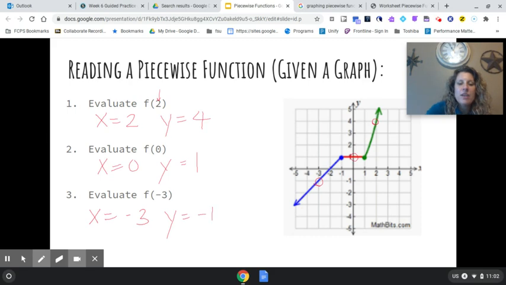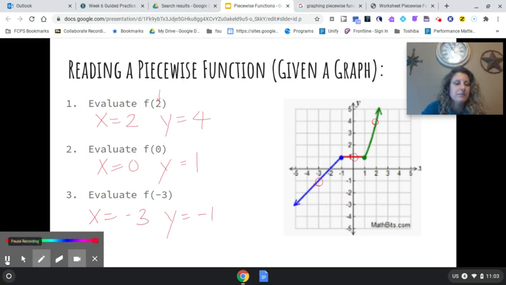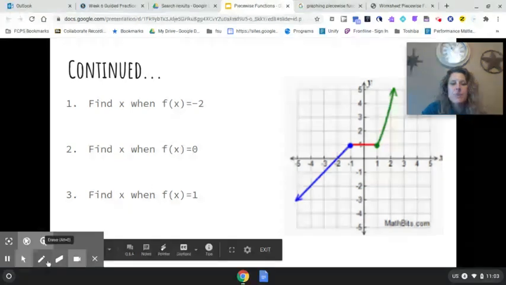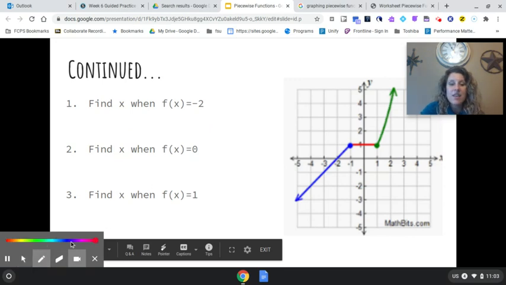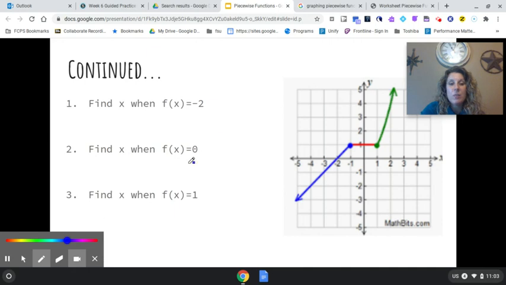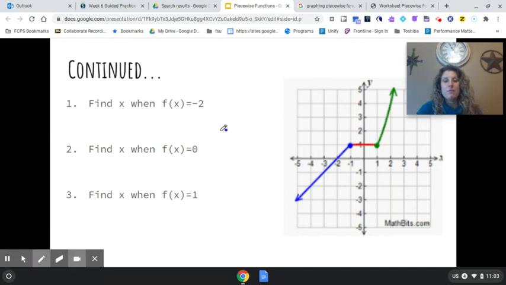So when we're evaluating piecewise functions, we're literally just seeing where the x and the y intersect the graph. In those last examples, we were given the input of the function, and we wanted to know the output, the y value. These ones are reversed. So we do not know the input. So x equals blank, but we know the output of the function.